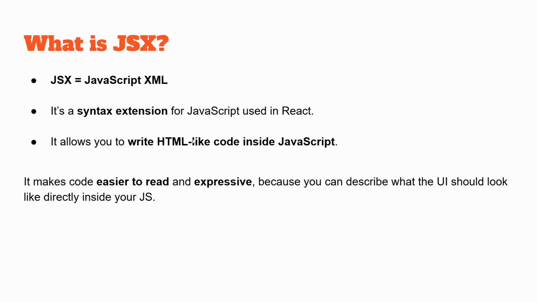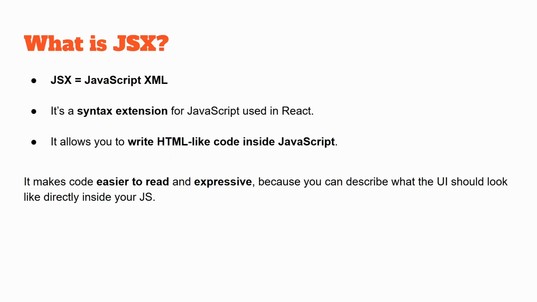Let's move on to another important topic, that is JSX. JSX stands for JavaScript XML. It's basically just sugar coating the JavaScript so that whatever UI you create looks much more like HTML, so that you don't have to mess up your code by writing create elements and all those JavaScript parts to create a simple UI.